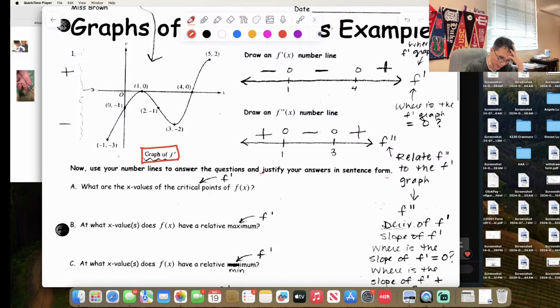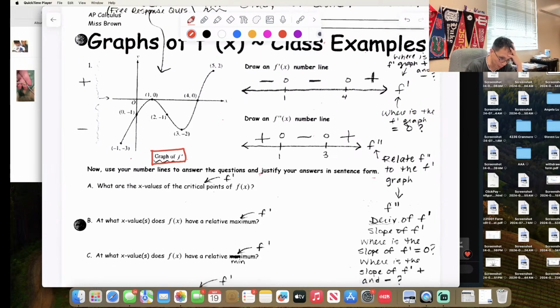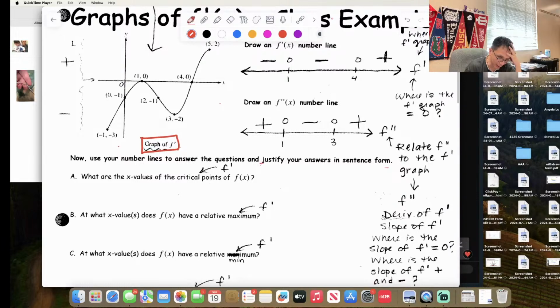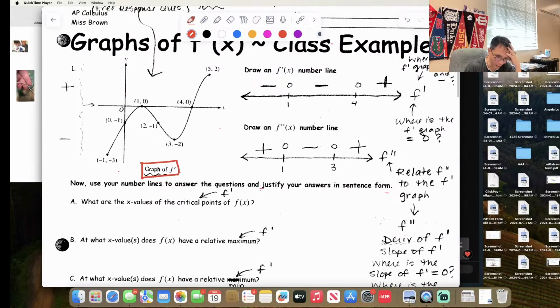So this is the f prime of x graph. Now I'm going to graph this number line here, and mark 1 and 4. Here we only care whether they are above or below the x-axis. From negative infinity to 0, the graph is below the x-axis, which is negative.